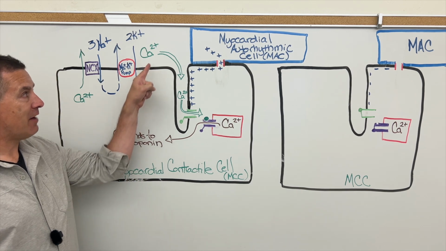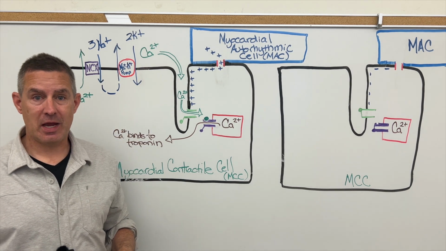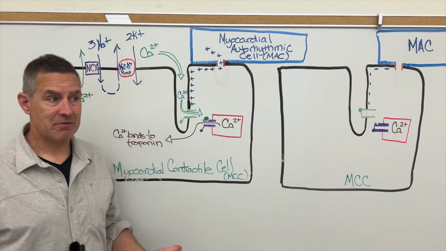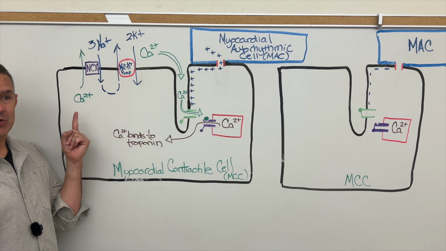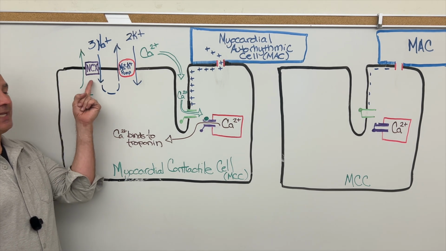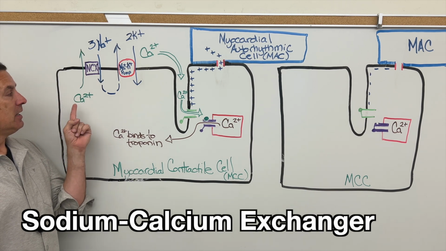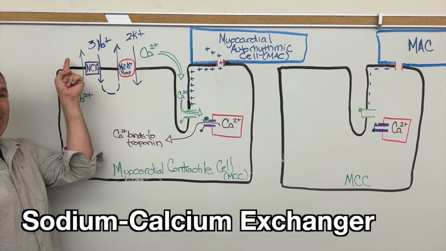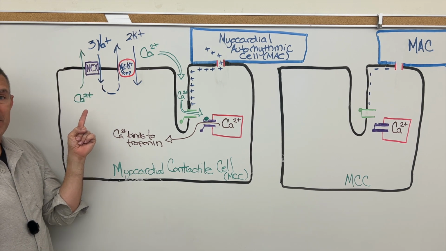But we also have to return this extracellular fluid calcium back to where it came from, and that's in the ECF. That is achieved via an antiporter using the kinetic energy of sodium, an antiporter known as the NCX, sodium calcium exchanger. Calcium is going to be pumped out of the cell against its gradient in exchange for sodium, which is moving in passively.